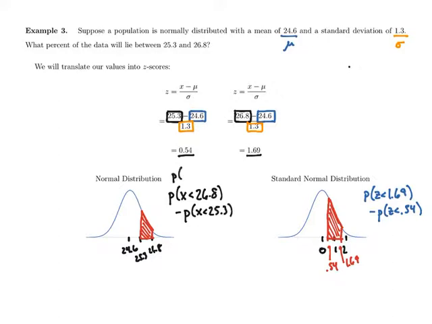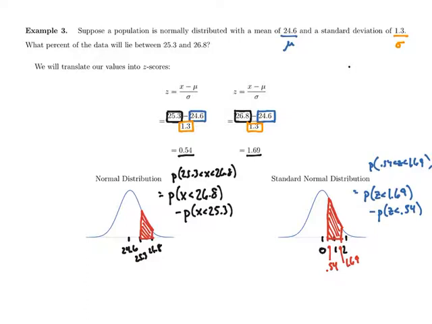Note that's the probability that x is in between those values, just as this is the probability that z is in between these values. But there's a way that we can find that probability with the z-score table easily.